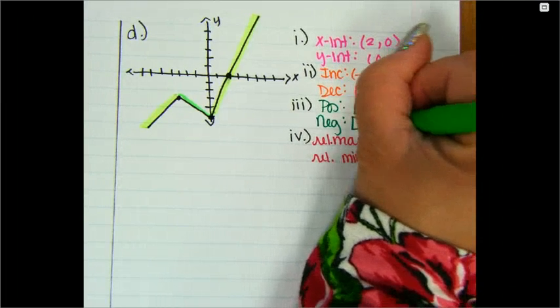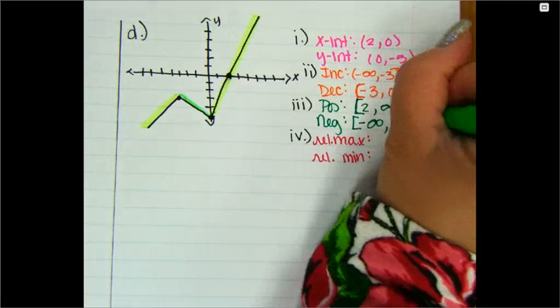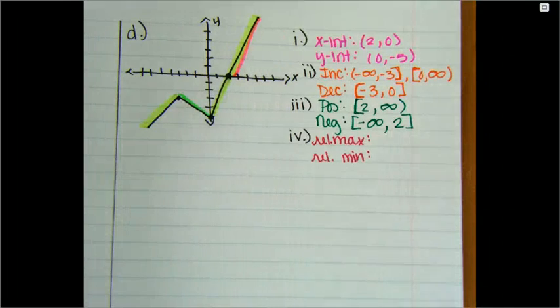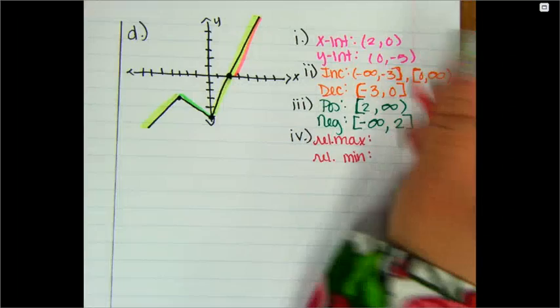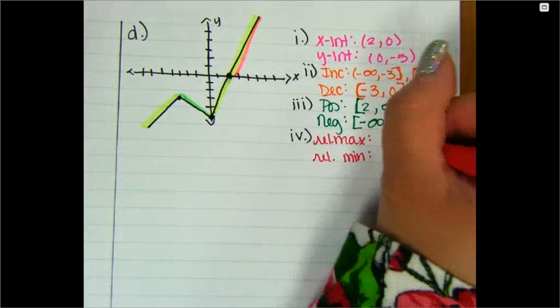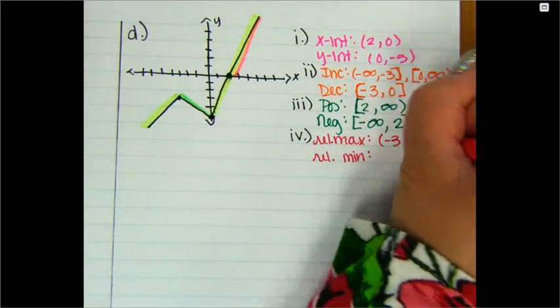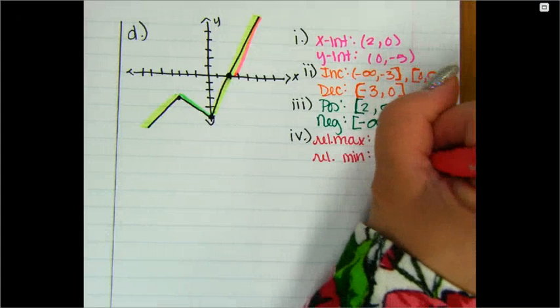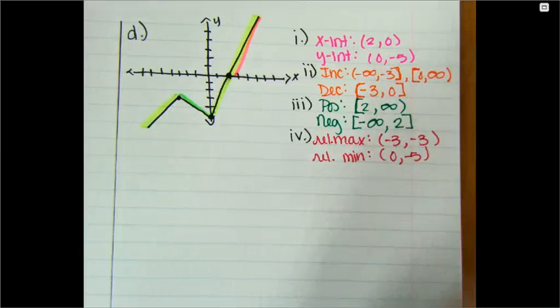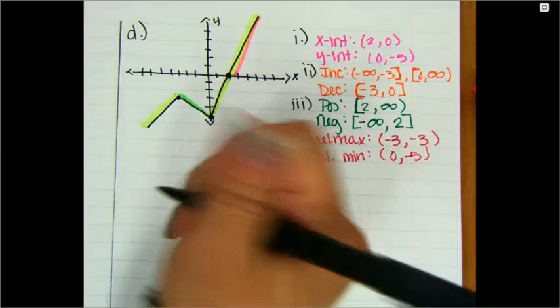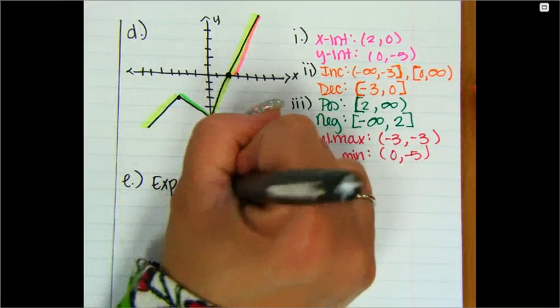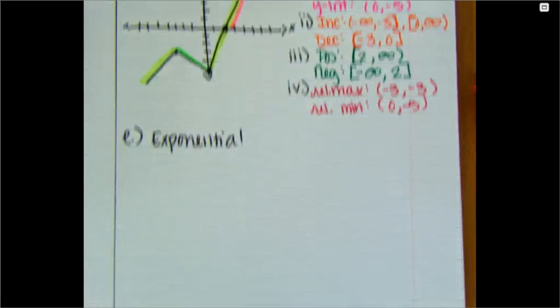Negative infinity to? Very good. Okay. Relative max? There's only one. Negative 3. Negative 3. Relative min? There you go. Perfect. Exponential, here we go.